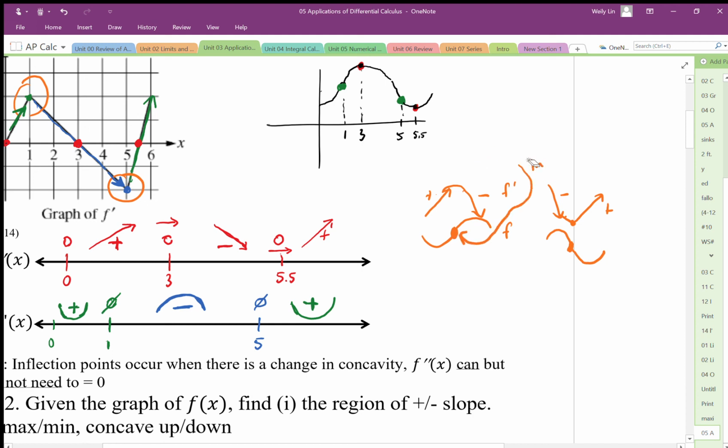It gives us these points here. So that's a very important characteristic to recognize.